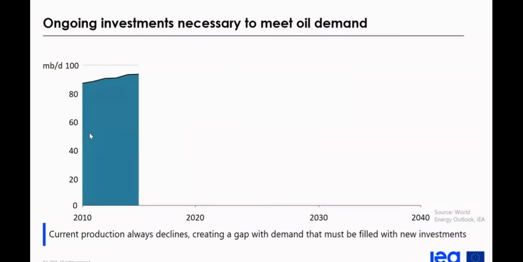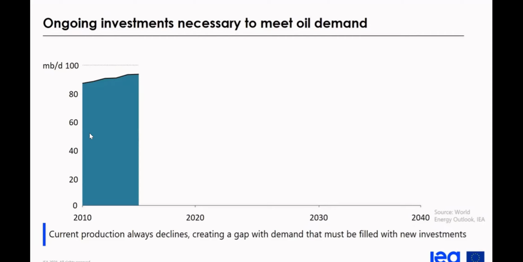One key specificity of the oil and gas sector is that, contrary to the power sector, you cannot switch on and switch off plants upon request. When you have an existing field producing oil or producing gas, this specific field has a profile of production.